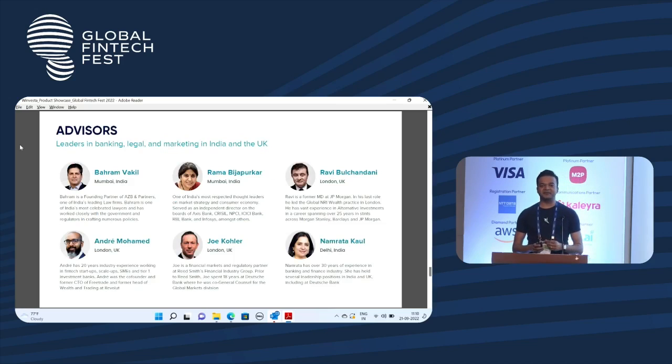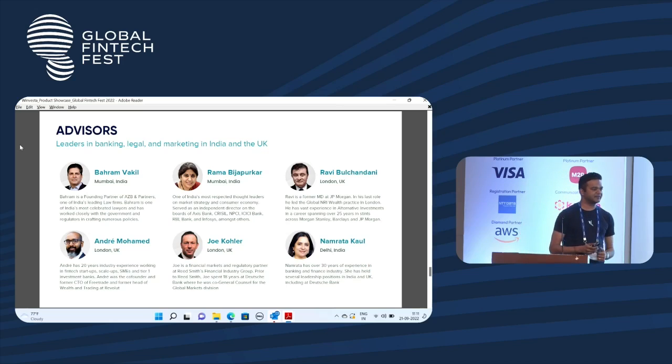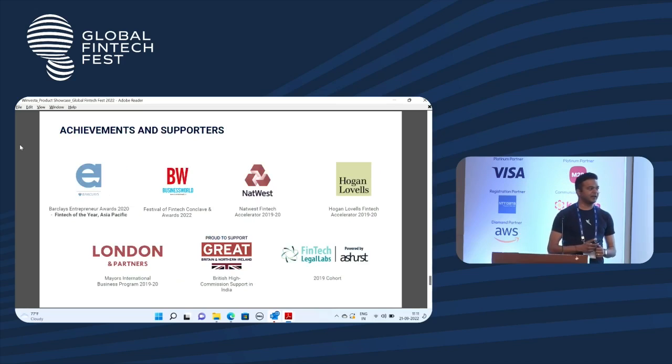In building this, we've been advised by some of the best names from India across legal, finance, as well as from fintechs in the UK. And we were most recently awarded the most innovative fintech product for UPI-based cross-border investing, which we launched at the end of last year. This was part of the RBI second cohort and has now been regularized in the last few weeks.